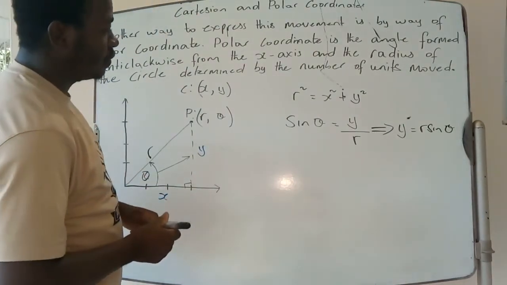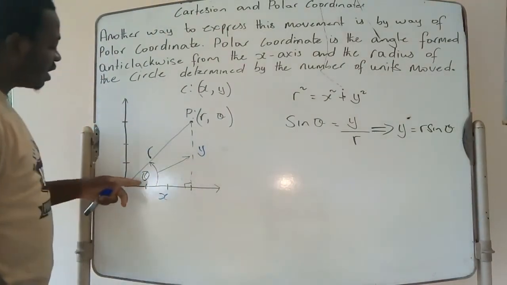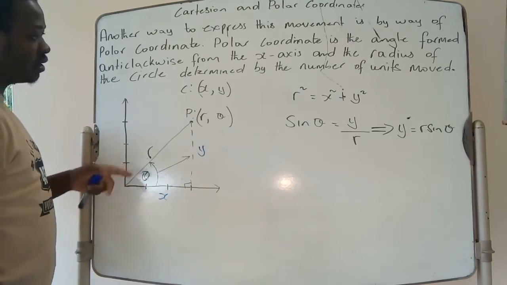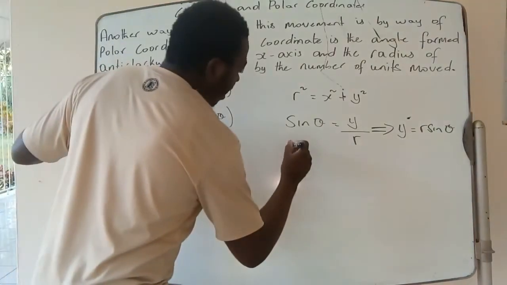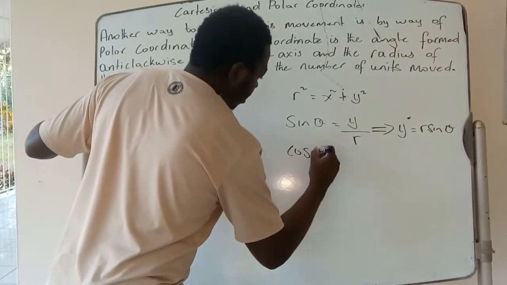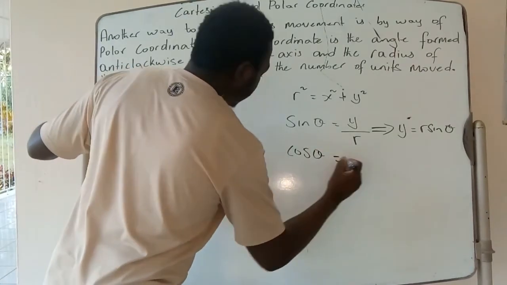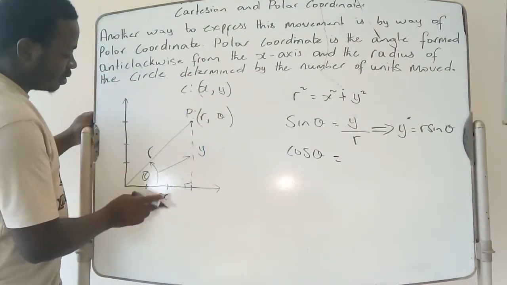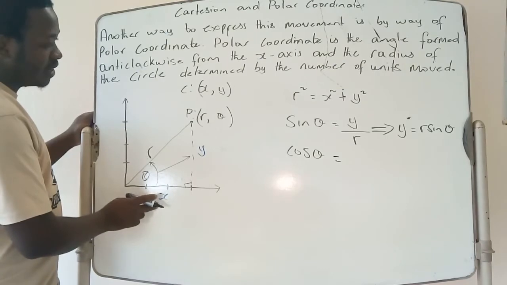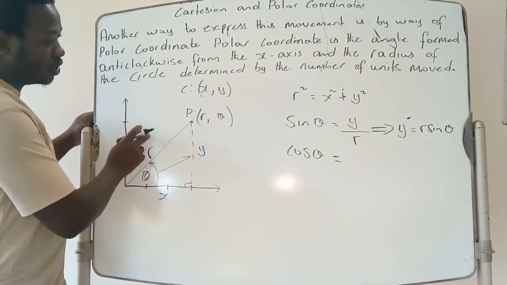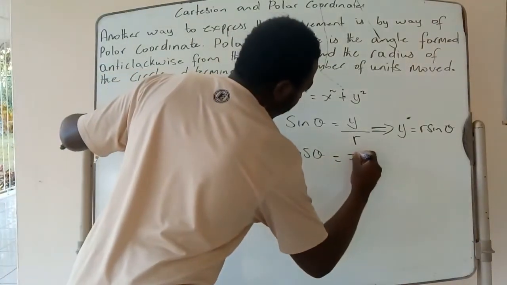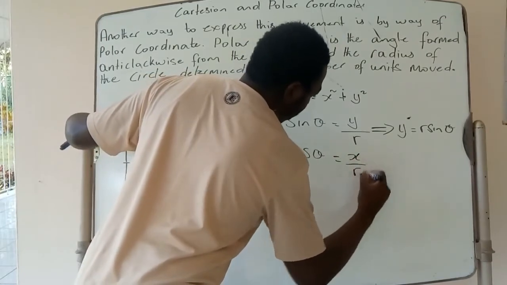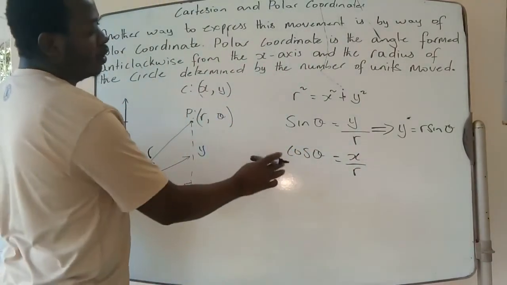Clear there? What if I take the cos of this angle? We could say that cos theta is equal to the adjacent length, which is x in this case, over the hypotenuse, which is r. So this is just x over r. Right? But what does this imply?